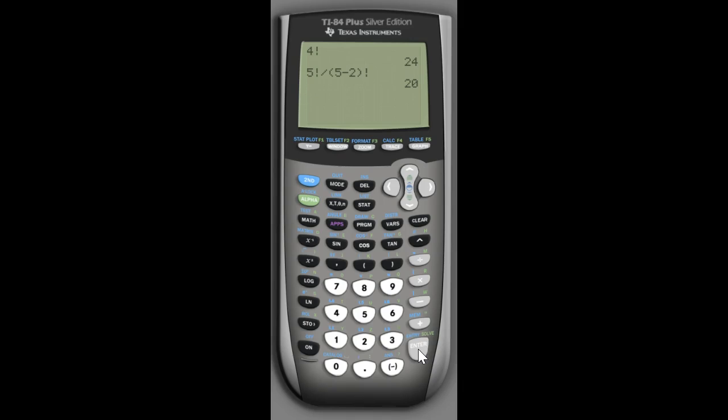But what's even better here is the calculator can do all of that in one step. I'm going to choose 5, and then I go math, back to probability. If you look at option number 2 there, that's the permutations option. So that's my nPr, 5 permute 2, and lo and behold, it comes back with 20.